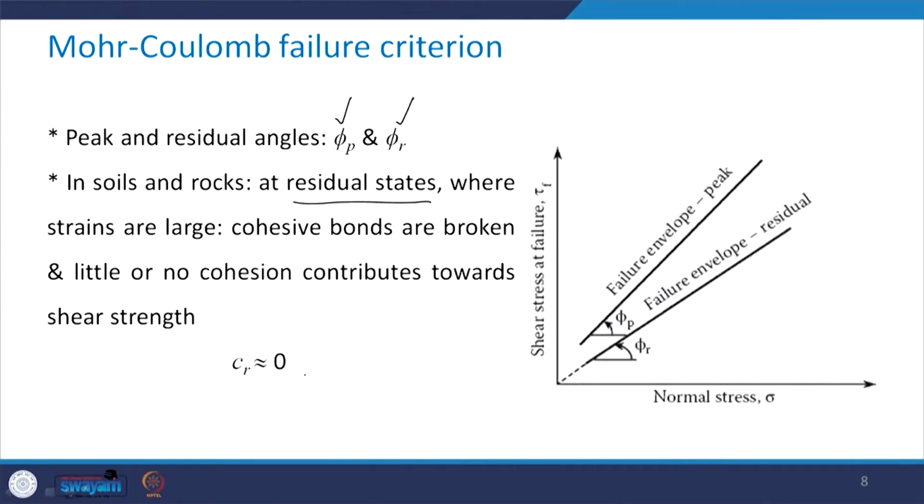That is the reason that the cohesion at the residual condition is approximately equal to 0. So, you just extrapolate this failure envelope for the residual condition, which is shown by this dotted line, and you will see that it is intersecting at the origin O.